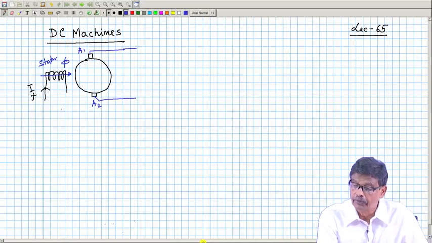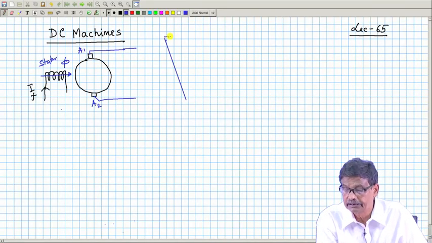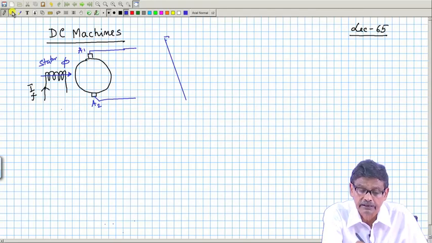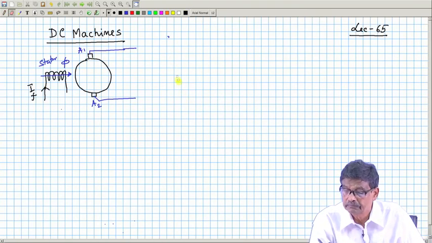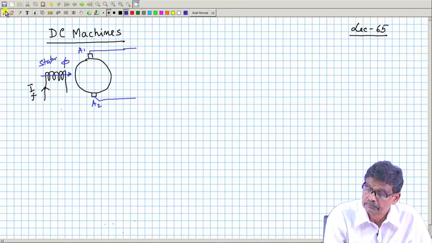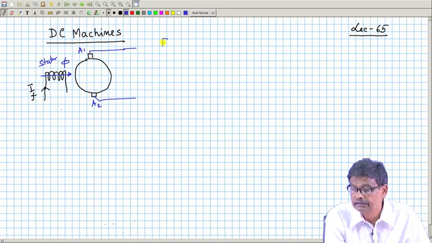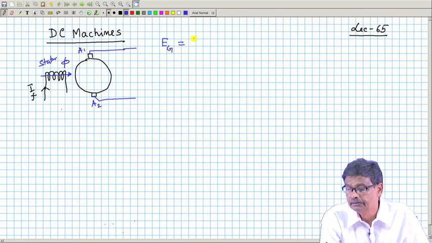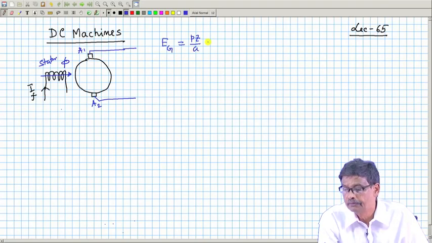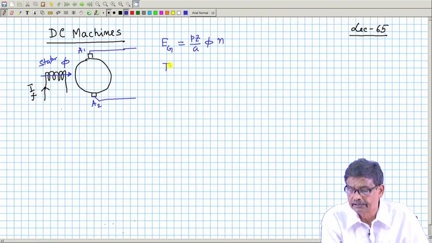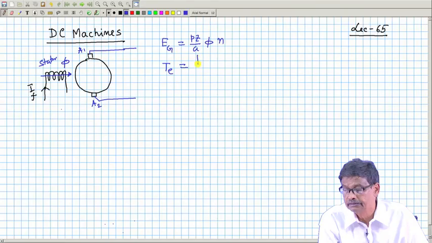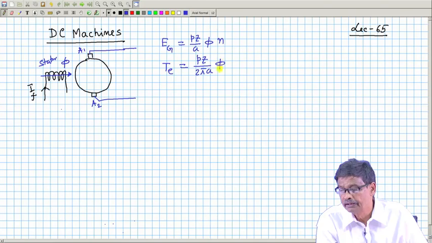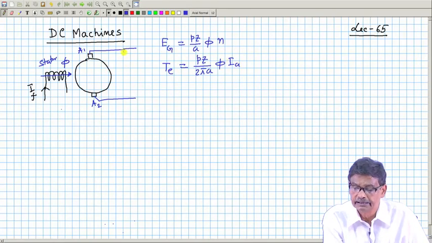Anyway, we found out that the generated induced voltage across the armature, Eg, is equal to Pz by A into phi into N. N is in RPS, and if armature carries current, then electromagnetic torque is Pz by 2 pi A into phi into Ia, where Ia is the armature current.